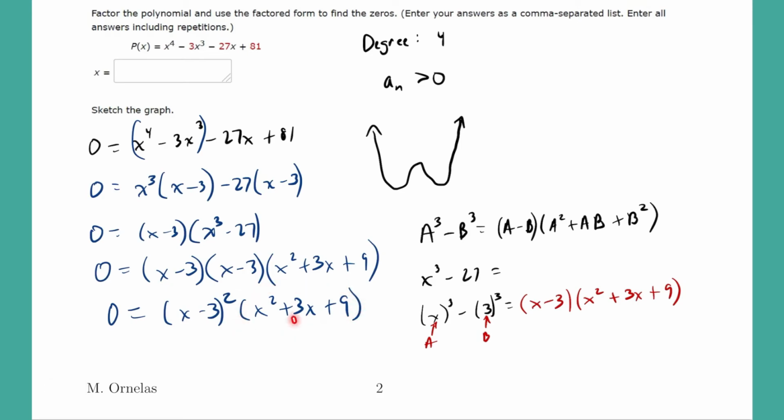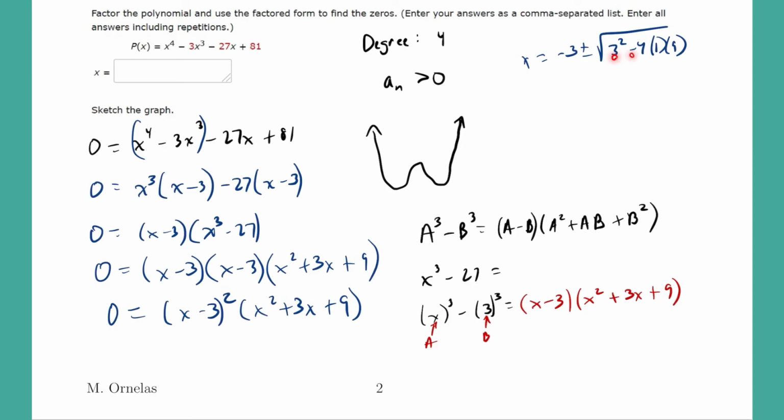All right, and then for this, we're going to have to do the quadratic formula because that's not going to be factorable. So let me go ahead and do the quadratic formula up here. Negative b plus minus the square root of b squared minus 4ac.